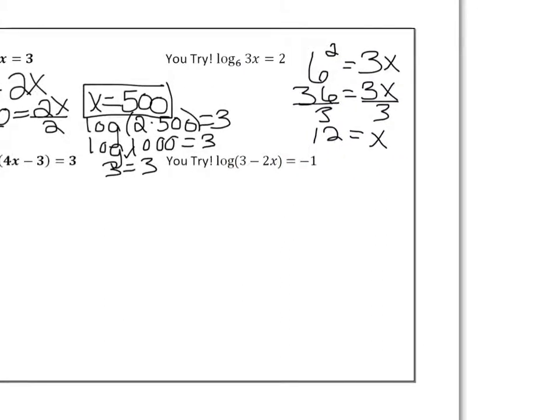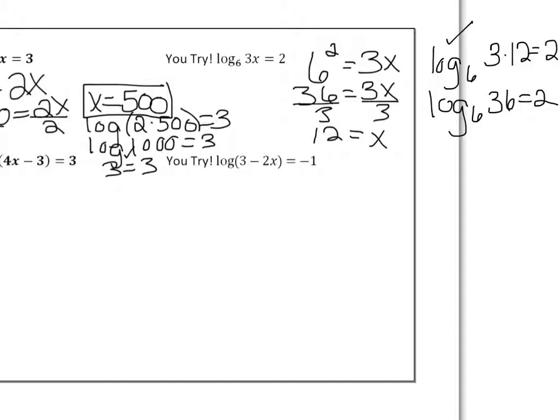To check that, we now go log base 6 of 3 times 12, and I want to know if that's equal to 2. Well, 3 times 12 is 36. To figure out what log 6 of 36 is, again, we're going to use our change of base.